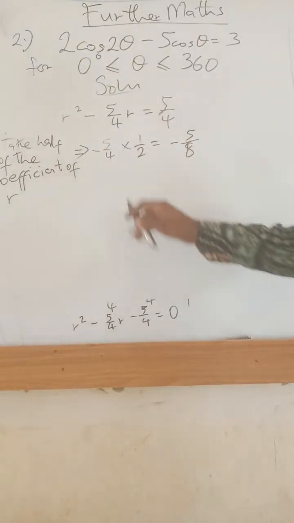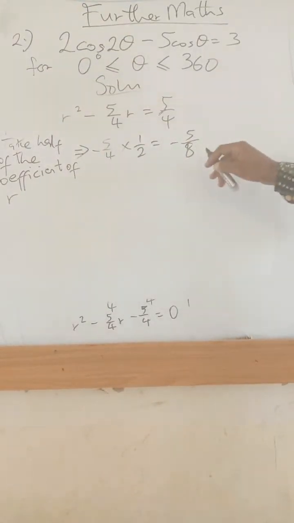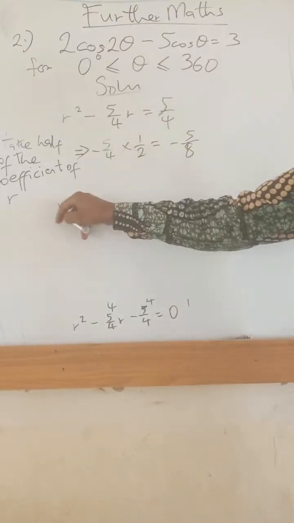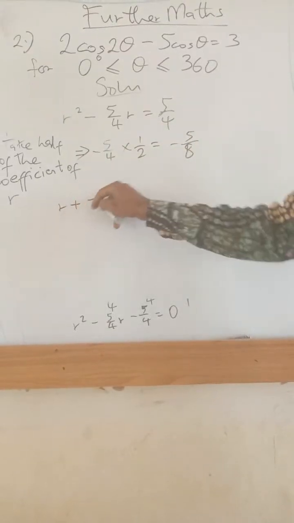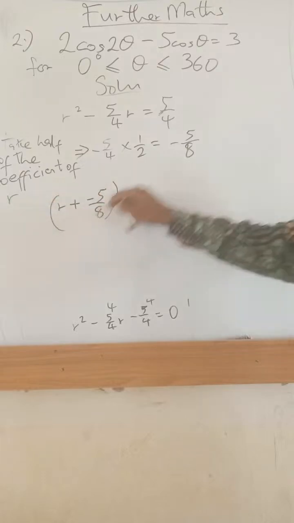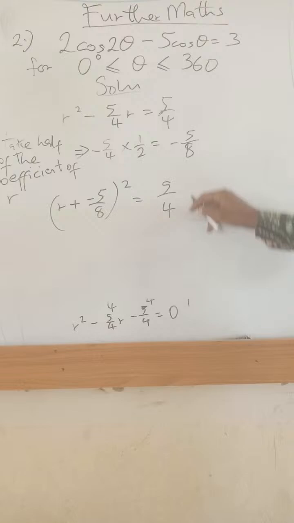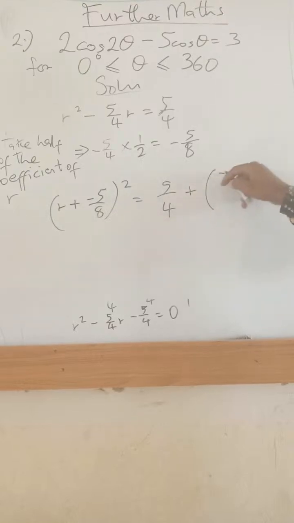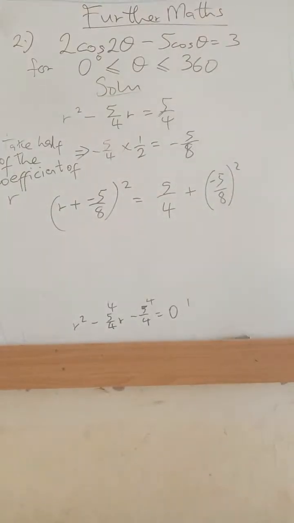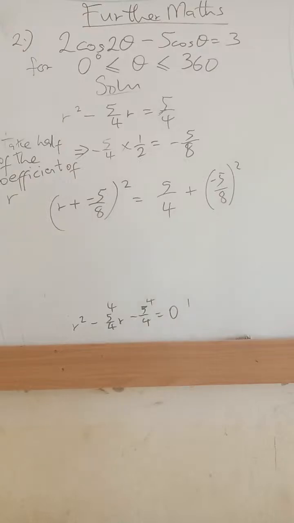And there you go. Now you're going to add this to r and take the square of both. So I'm adding it to r, take the square. And on the other side, it will be 5 over 4, then plus minus 5 over 8 squared. These are parts 99% of students struggle with, but I know for you, clarity is coming.